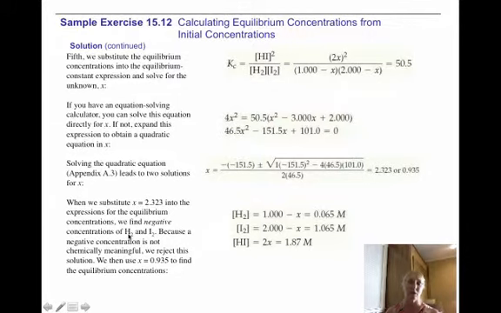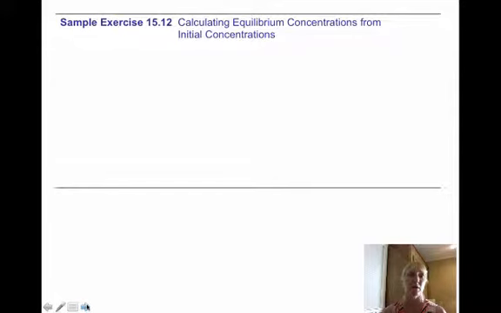Now let me give you the good news on that. They're not going to make you use quadratic equations anymore. That's one of the major changes on the test. So you probably won't see a problem like this, but I need you to be aware of the concept of the stoichiometry. If hydrogen and iodine are losing X in concentration, then hydrogen iodide must be increasing in concentration by 2X. We're not going to use the quadratic equation here, but they did in the sample exercise problem.